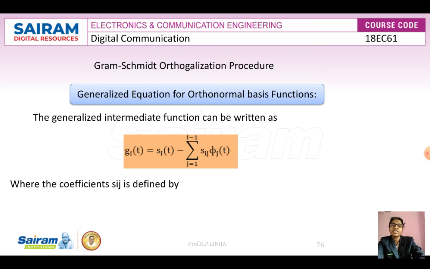The coefficient sij we have already defined in the geometric representation of the signal itself. So this coefficient sij is defined as the integral from 0 to T of si of t into phi j of t dt. Here j will vary from 1 to i minus 1.